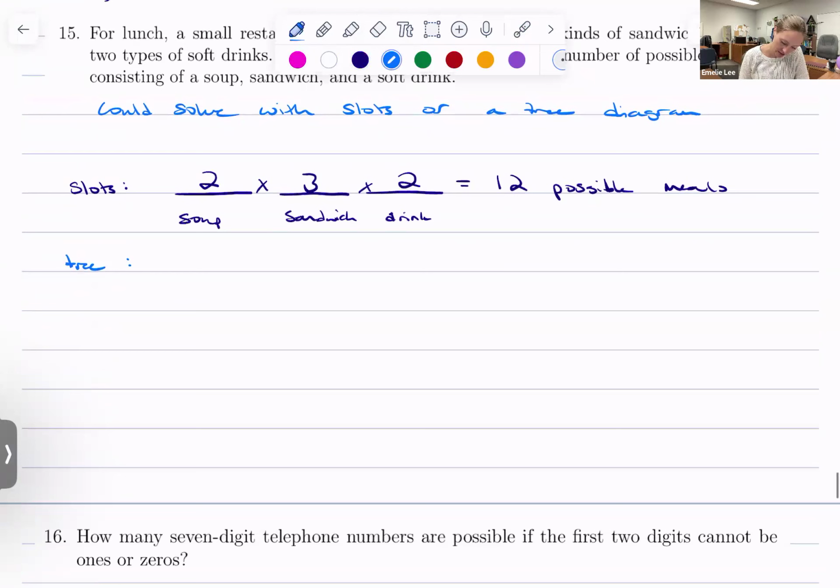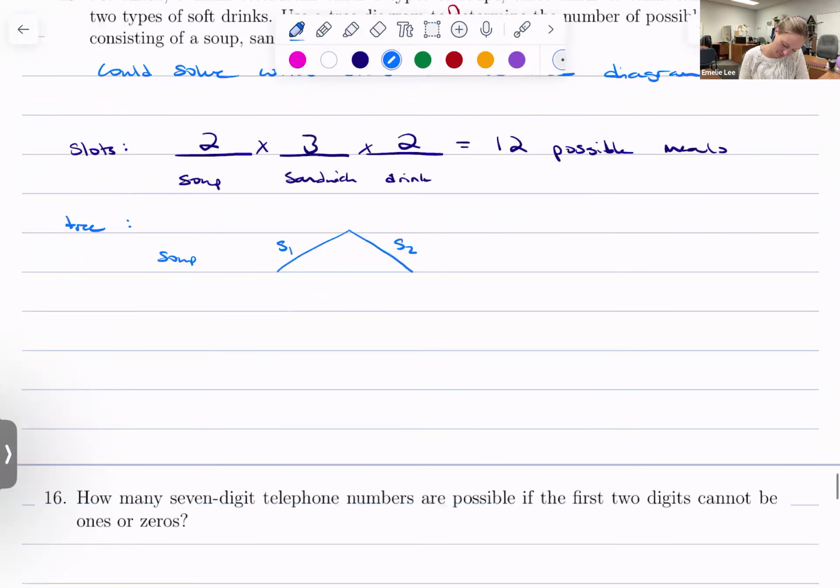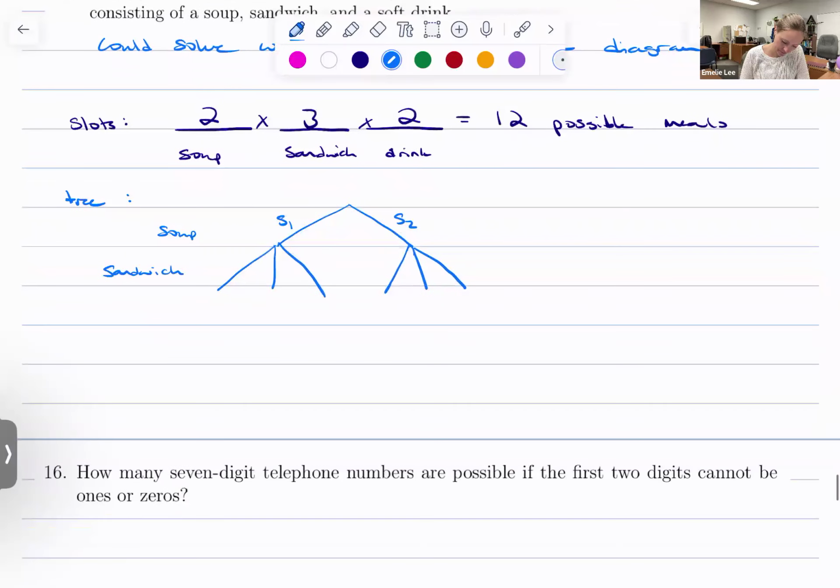But I want you to see the tree. So first you have your soup 1, soup 2. And then from there, you have your sandwich. Let's call it W for sandwich, because I don't want to use the same letter. W1, W2, W3.